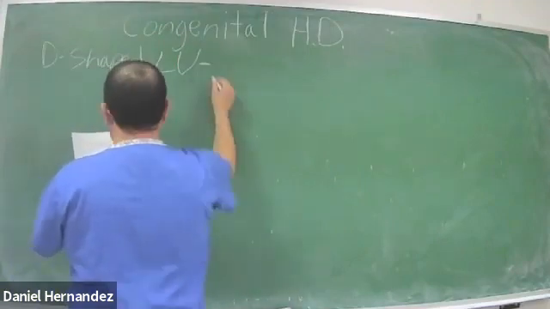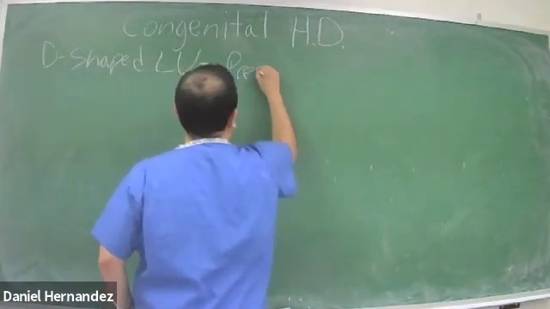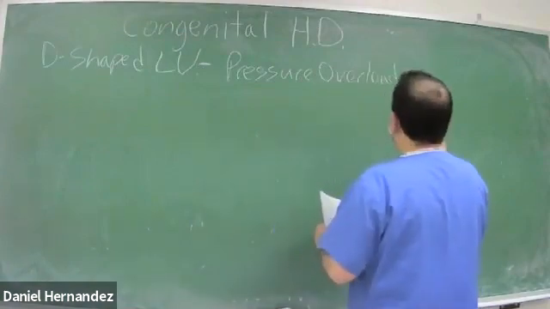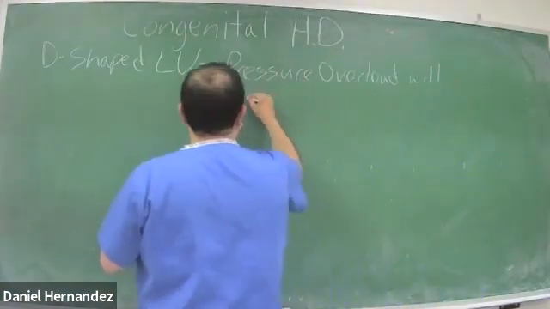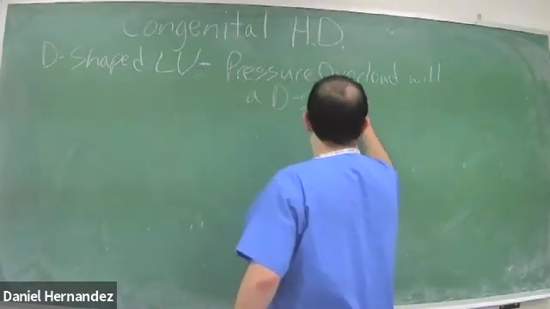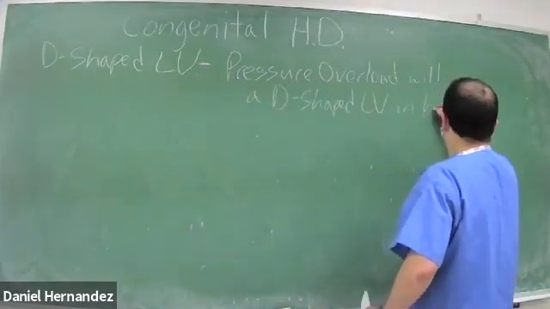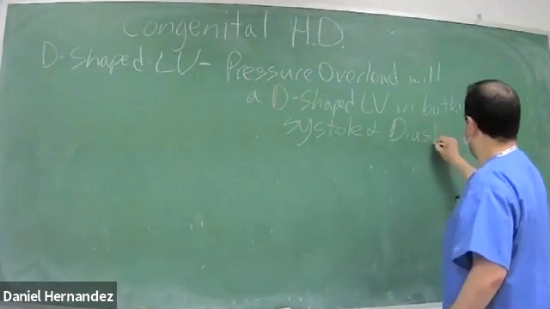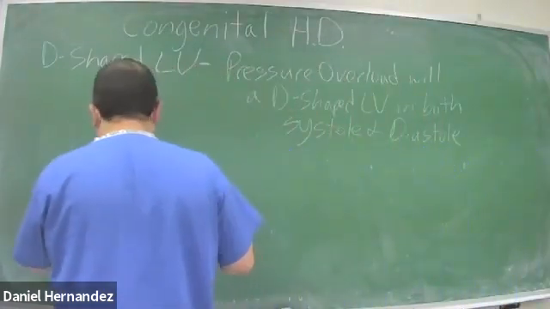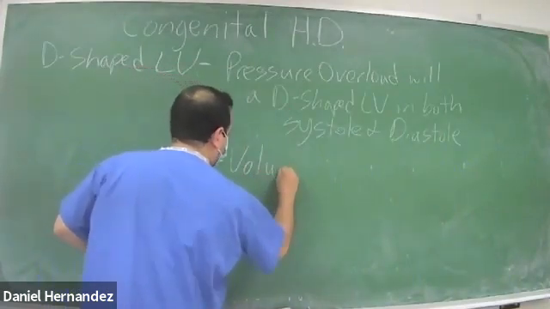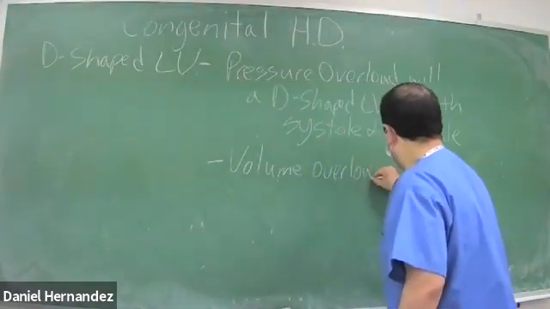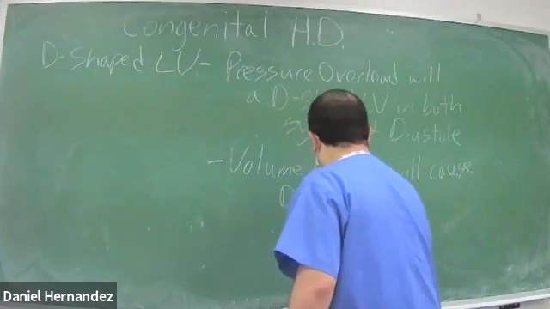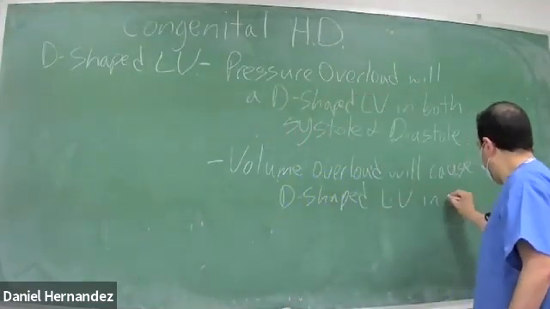So when we have a D-shaped left ventricle, a pressure overload will cause a D-shaped LV in both systole and diastole, and a volume overload will cause it in only diastole.